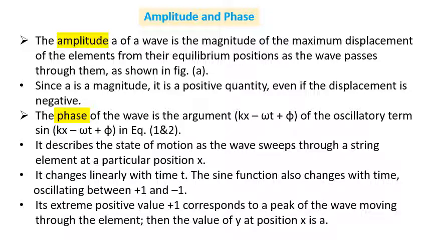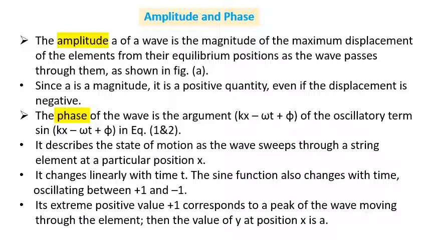It describes the state of motion as the wave sweeps through a string element at a particular position x. It changes linearly with time t, and the sine function changes with time, oscillating between +1 and -1. So its extreme positive value +1 corresponds to a peak of the wave moving through the element.